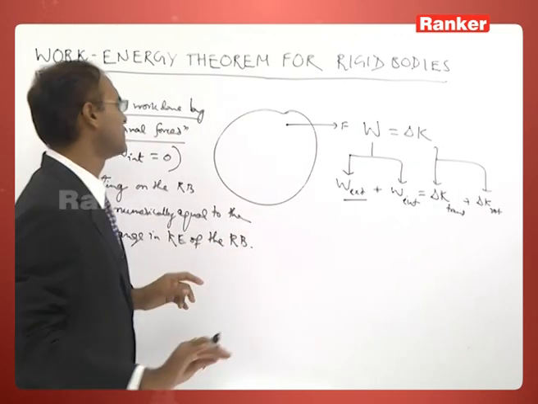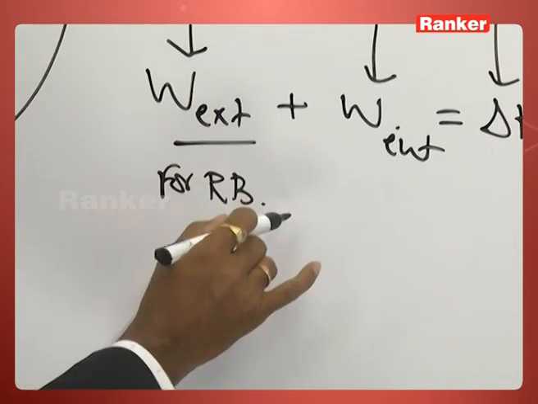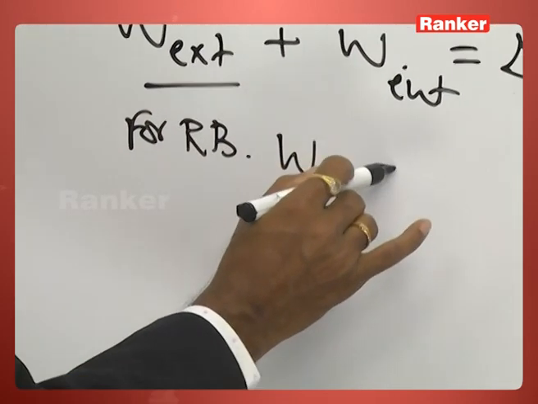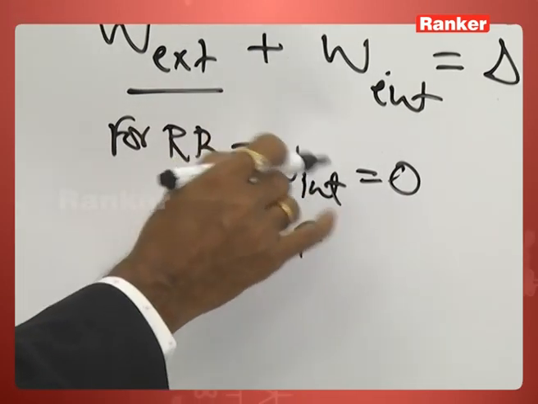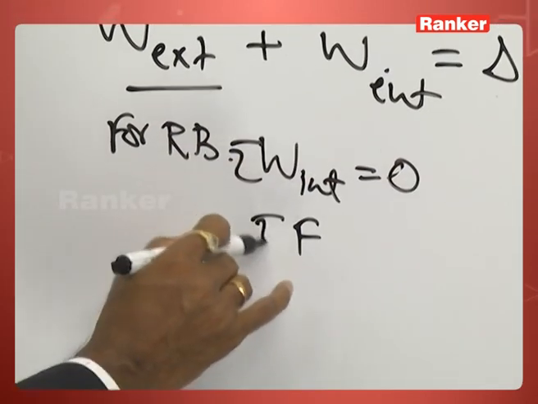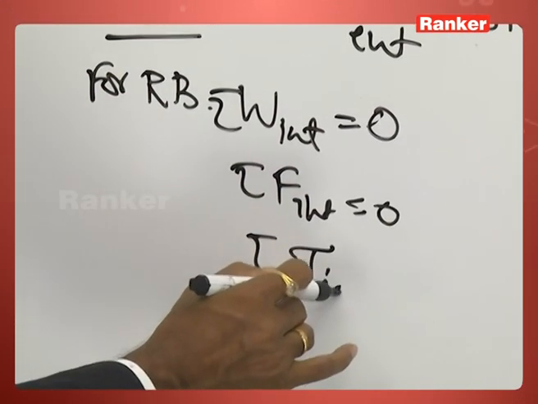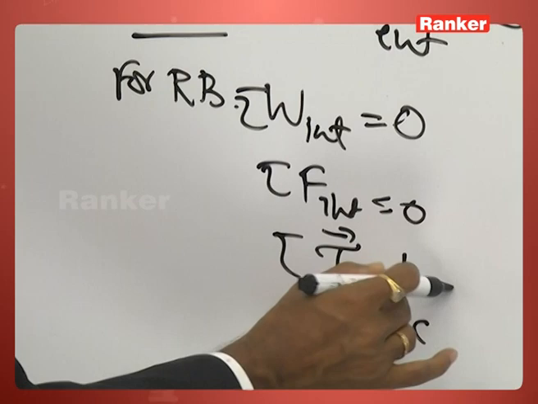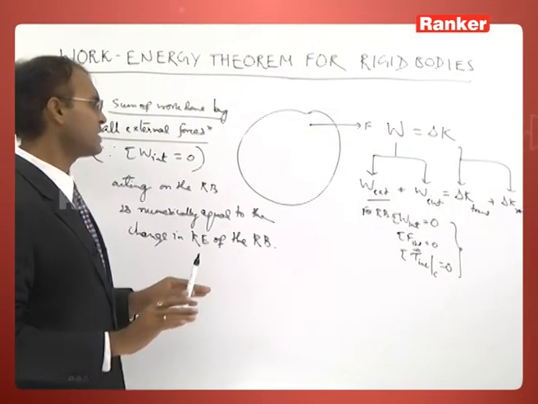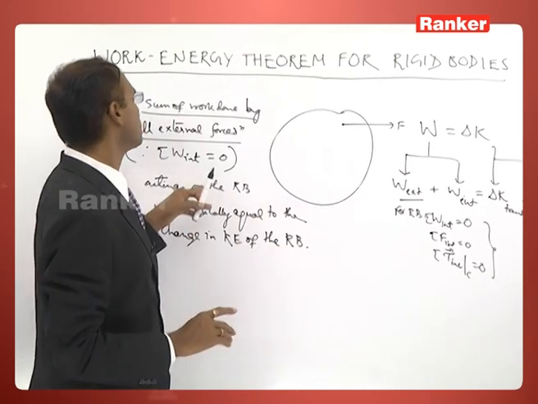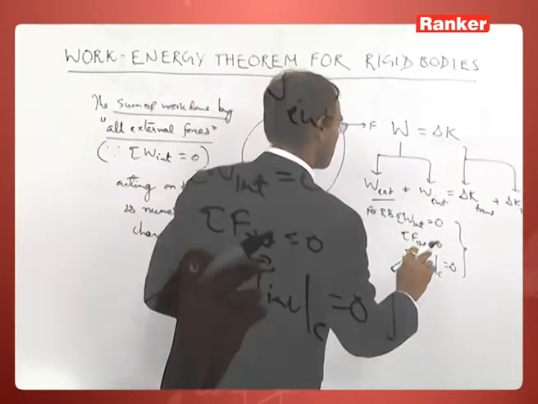In the case of a rigid body, the work done by internal forces is 0. The sum of work done by the internal forces is 0. The sum of the internal forces is 0. The sum of torque produced by the internal forces is 0 about the center of mass. All these ideas are very much essential to understand the work energy theorem applied to the rigid object.